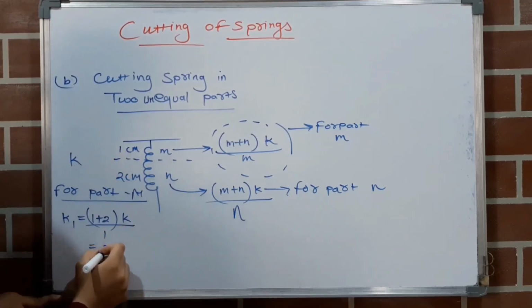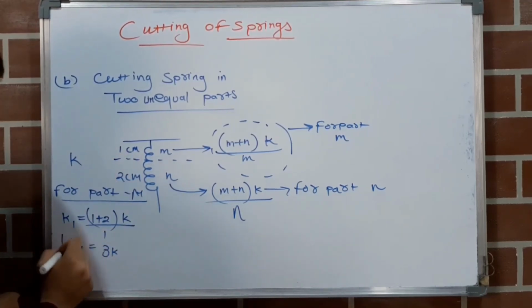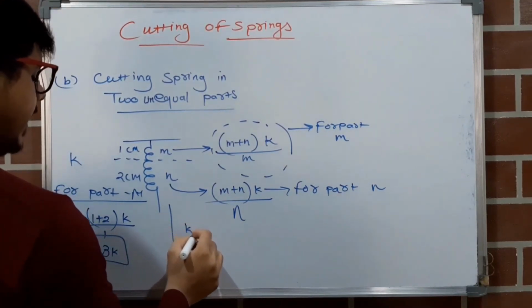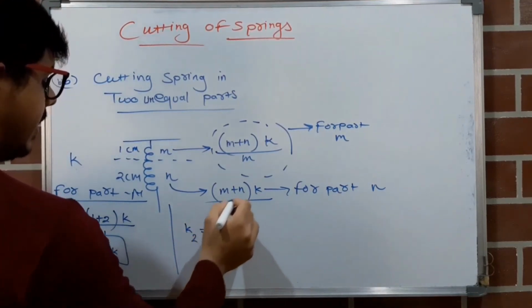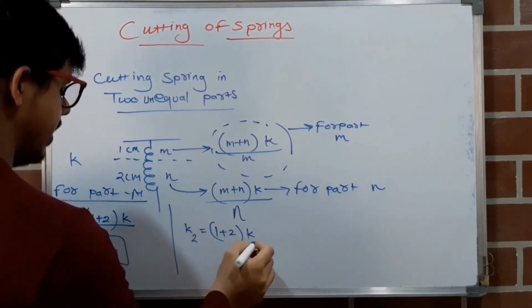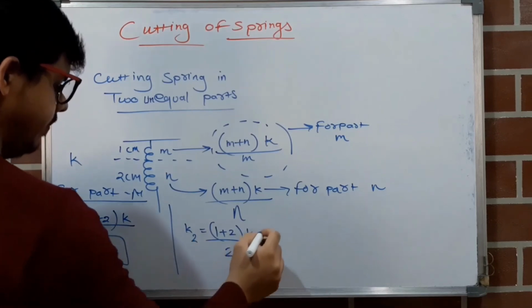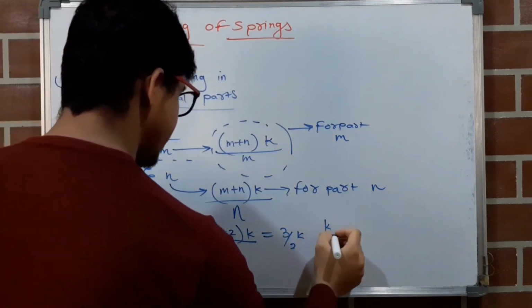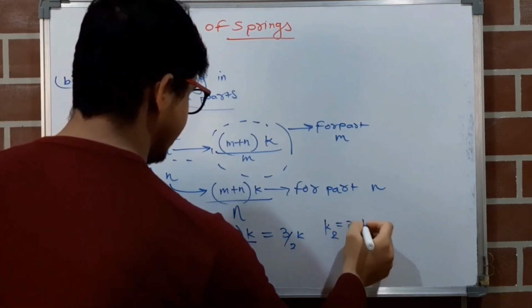So it will be 3K. So K1 equals 3K. Now for part N, K2 is equal to M plus N, so 1 plus 2 into stiffness of the uncut spring, divided by N, 2. So it will be 3 by 2 K. So K2 is equal to 3 by 2 into K.